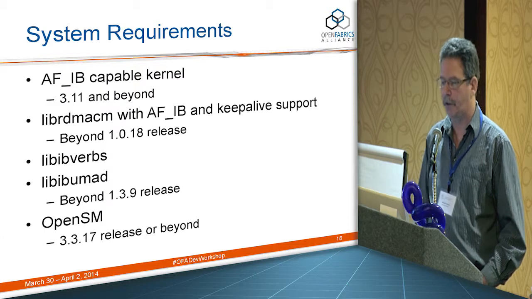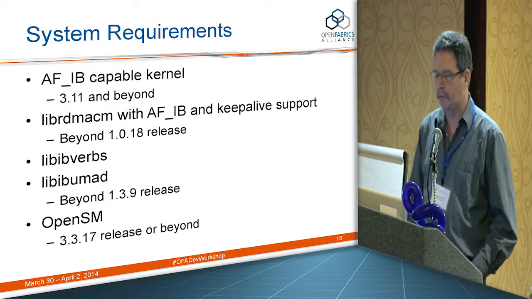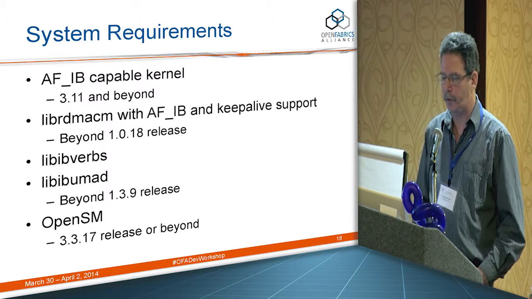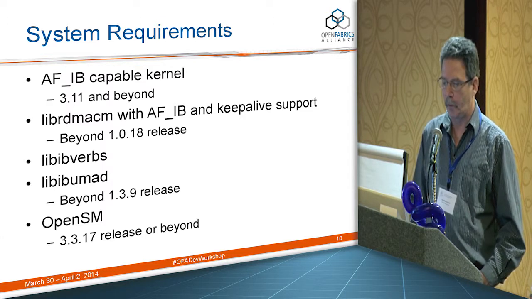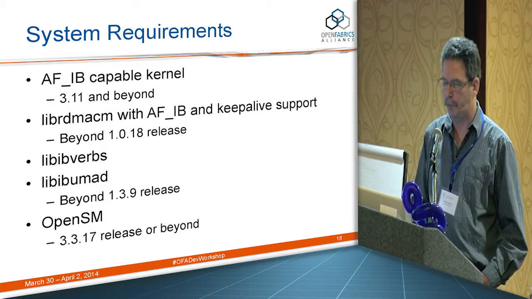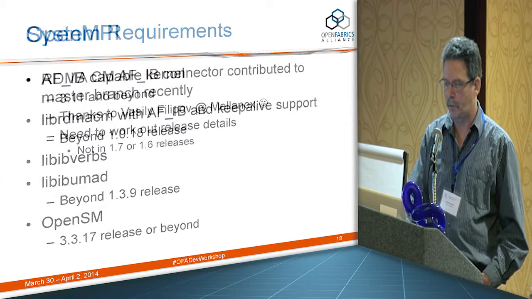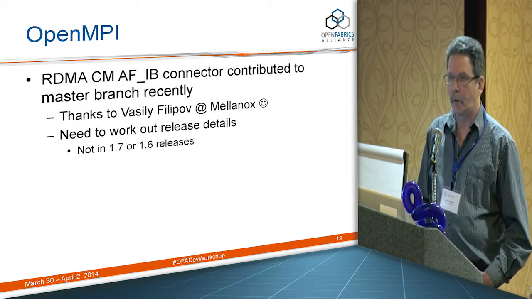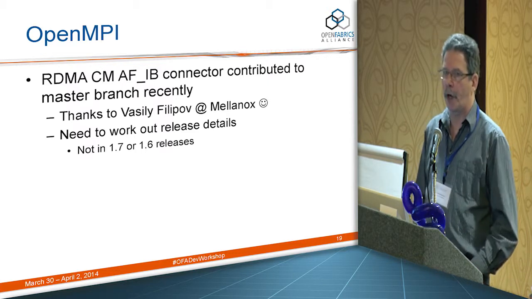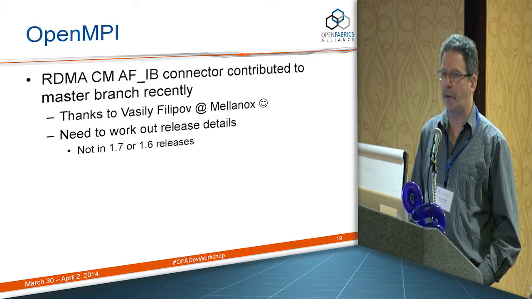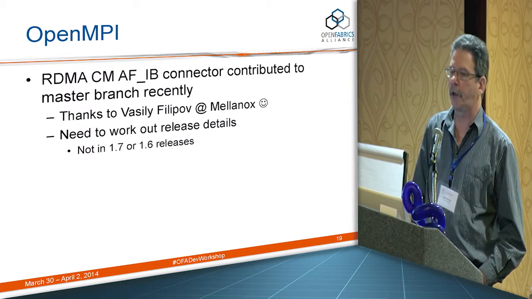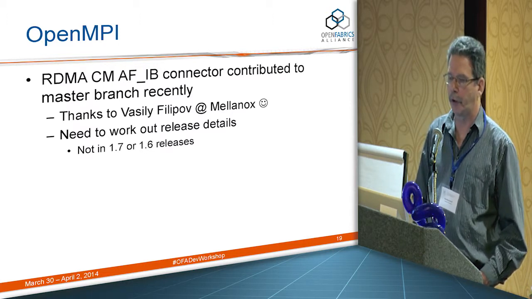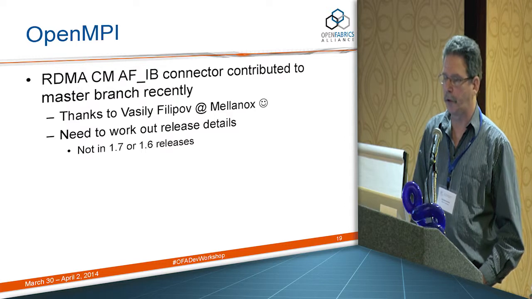Lib-IB UMAD is beyond using the latest stuff in the upstream Git tree, which is beyond the last release, 139. OpenSM is 3317 or beyond, that being the last release. AFIB is supported in some lib RDMA CM examples, but the first real application recently added code to be able to use this.